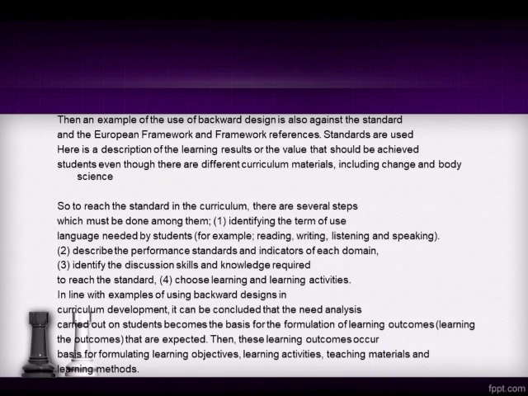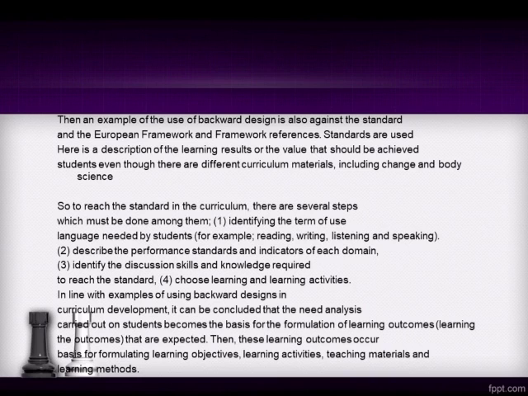Standards are used as a description of the learning result or the value that should be achieved by students, even though there are different curriculum materials. So, to reach the standard in the curriculum, there are several steps which must be done.